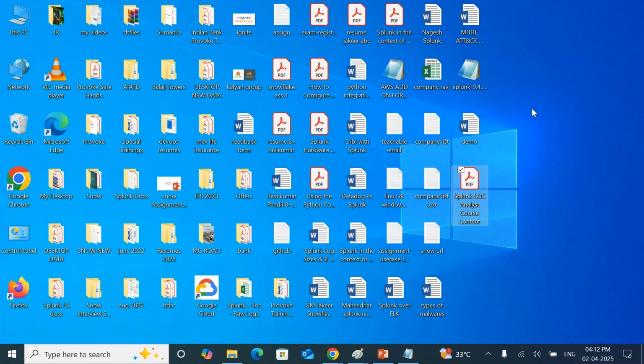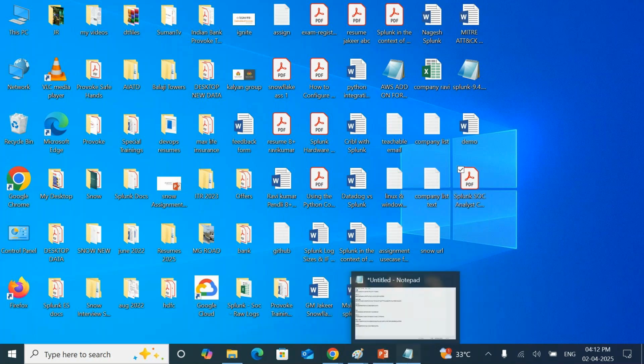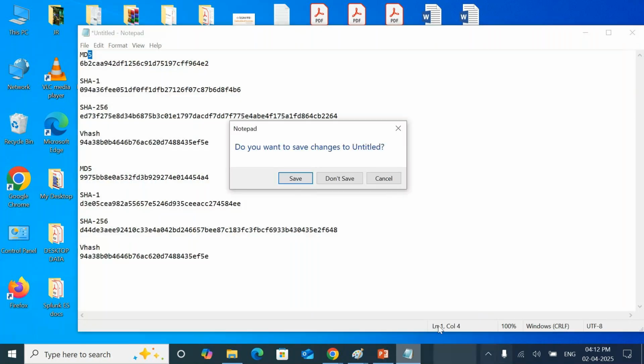Once you are aware of the SIEM tool, then we will deep dive into SOC operations, one by one, with all networking concepts, attack types, investigations, and also creating reports, visualizations, and dashboards. Any questions, please ask me. That's enough for today. We'll meet in the next session with more content in detail.